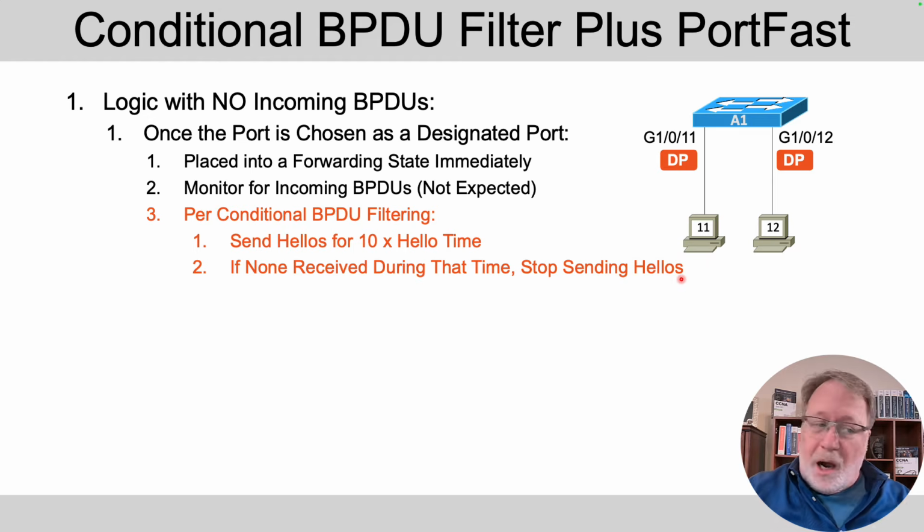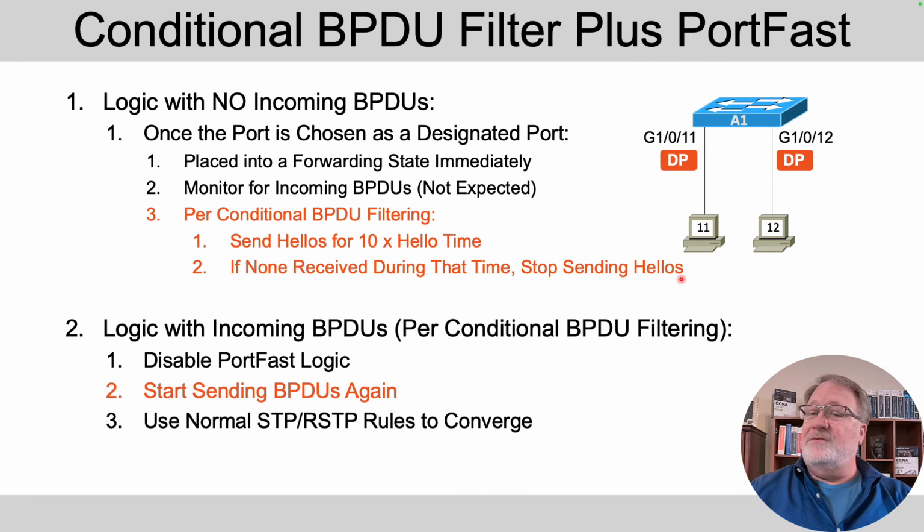Then it'll keep monitoring for incoming hellos, and if it receives some, it'll disable port-fast, but start sending BPDUs again, so that the normal STP logic can converge and block where it needs to prevent any forwarding loops.